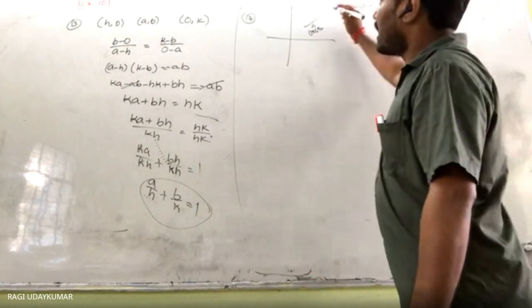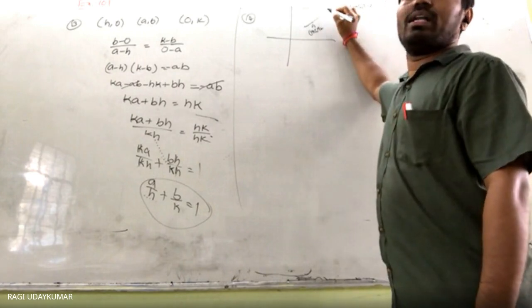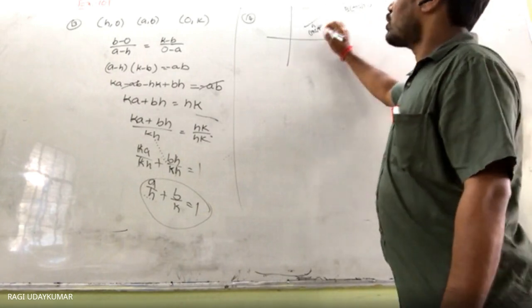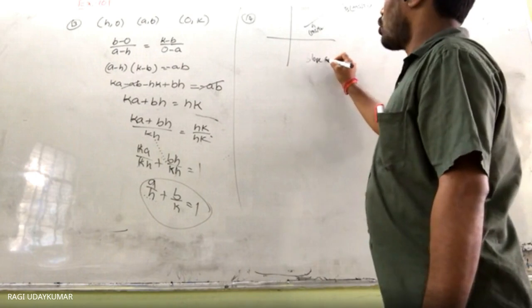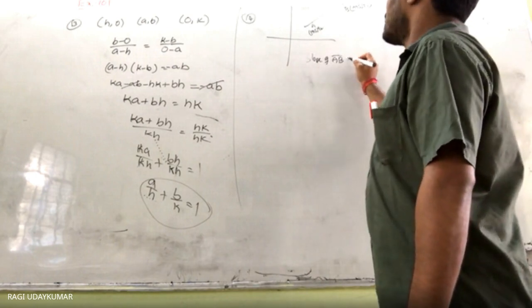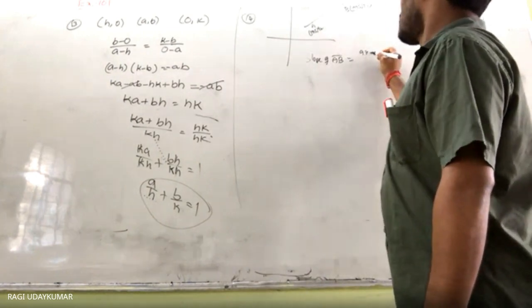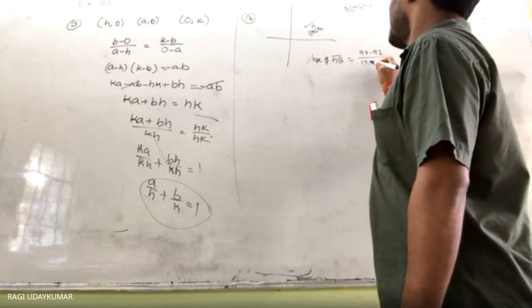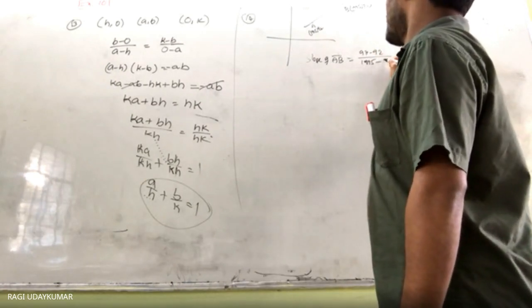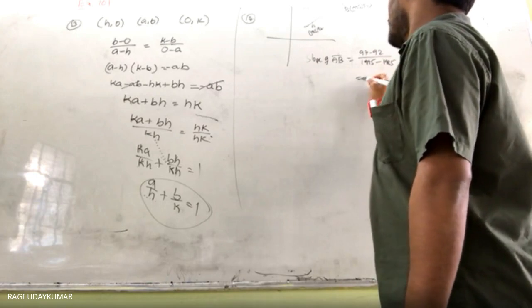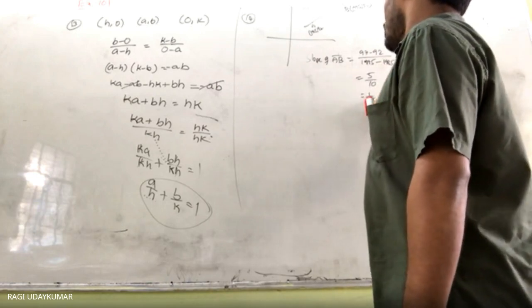So the point for 2010 will also be on this line. What you have to do is find the slope of the line AB. Slope of AB is equal to 97 minus 92 by 1995 minus 1985. So 5 by 10, which is equal to 1 by 2.